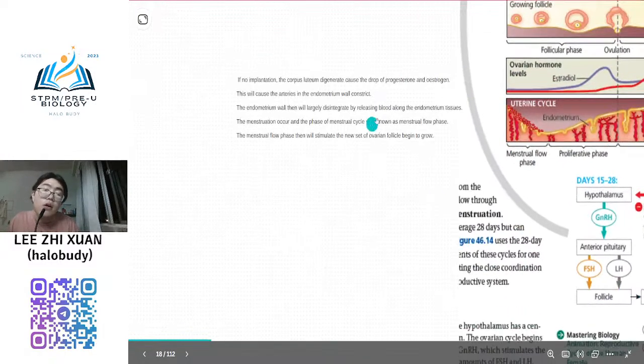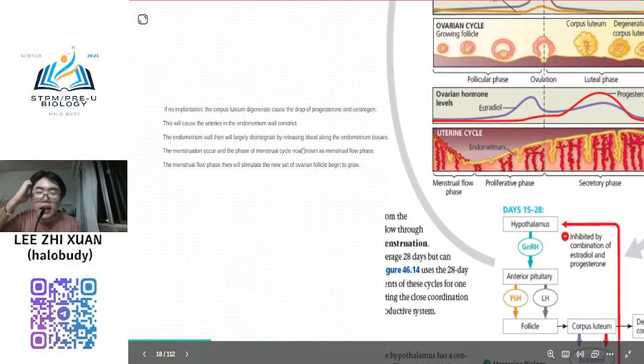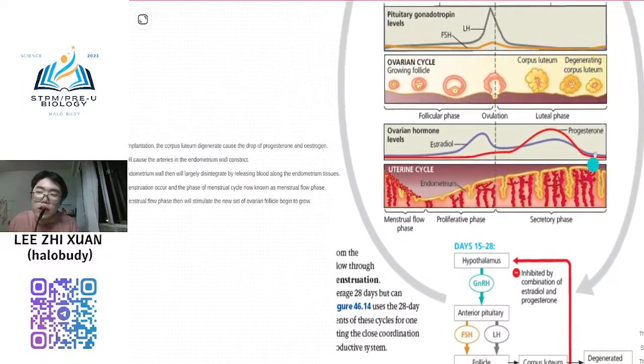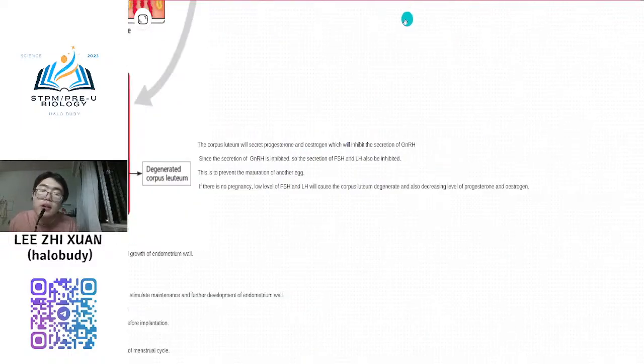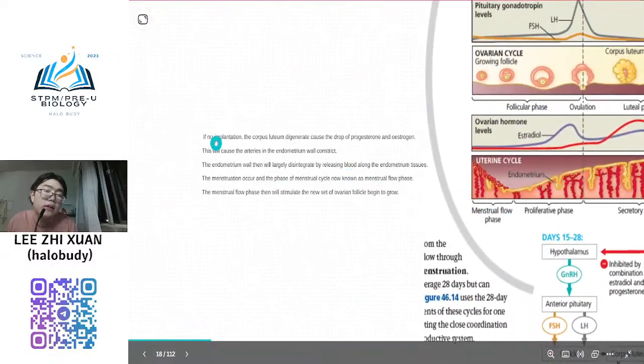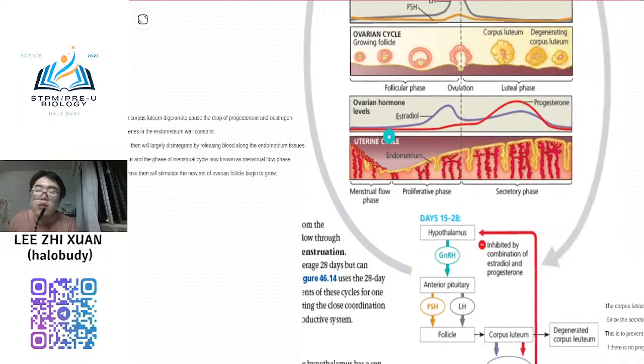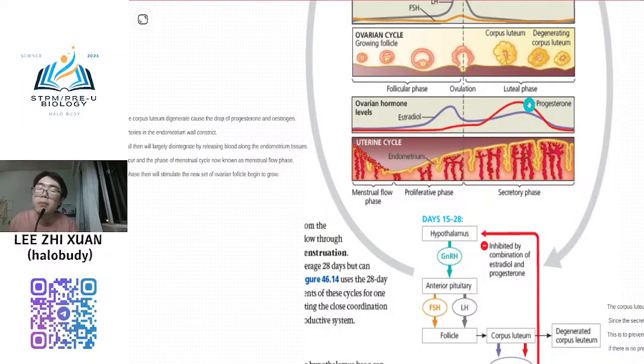Okay, so there are two situations, either fertilization or no fertilization. So if no fertilization, as I already mentioned, the corpus luteum will be degenerated, and then cause the decline of progesterone and estrogen levels, and cause the arteries in the endometrium wall to constrict. So it will break down the endometrium wall, because the main function of progesterone and estrogen is to maintain the thickness of the endometrium wall.